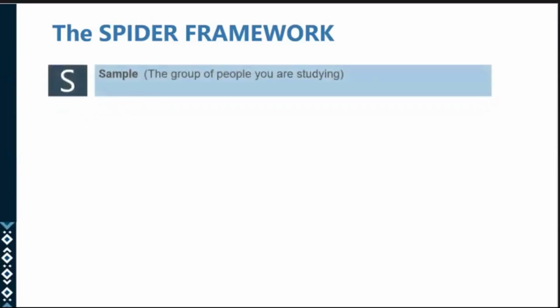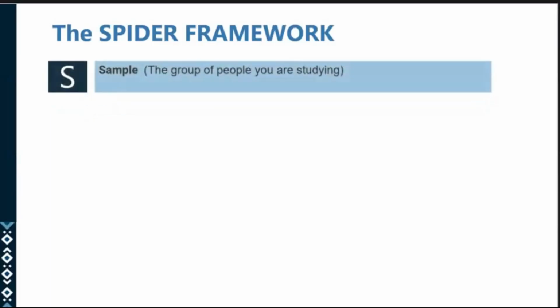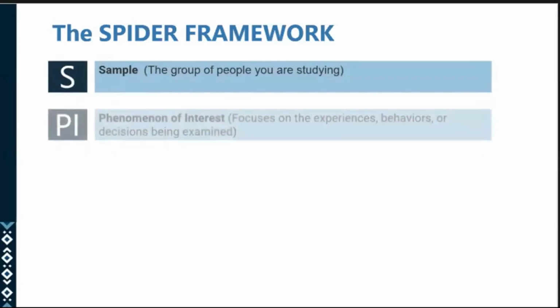We call it the SPIDER framework. This SPIDER framework is also an acronym, and S here means the sample. The S here is the group of people that you are going to, for example, interview, or the group of people that are going to take part in your focus group discussion.